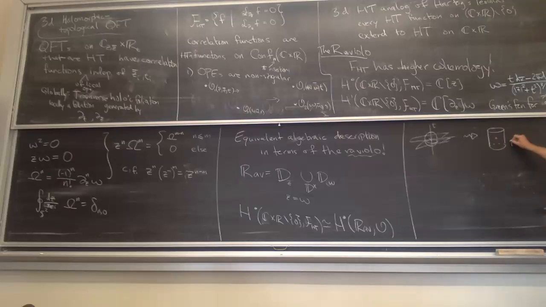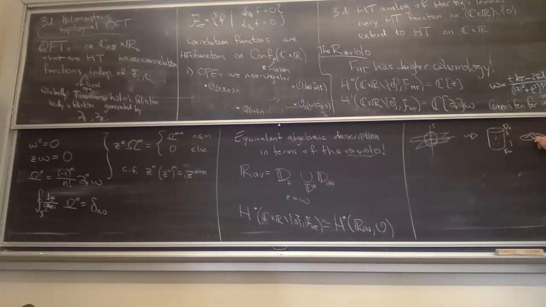But of course, our theory is topological in this real line. So we're free to squeeze this thing as we will. And so we end up with a space that looks like this: I've taken two disks, this top one and this bottom one. This is like dz and this is dw. And I glue them together, but I need to remember the fact that I removed this point in the middle.